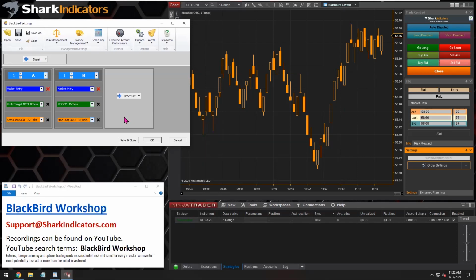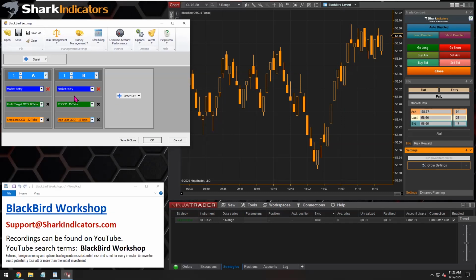Okay, so now we need to start implementing some trailing actions here. And trailing actions is just the generic term that we use for automating your orders, right? Automatically moving your orders around, right?